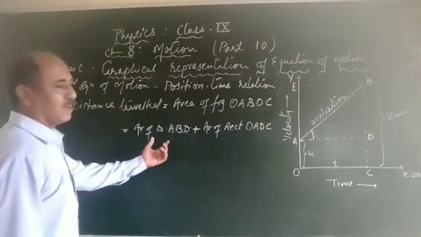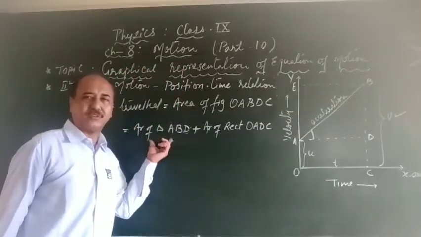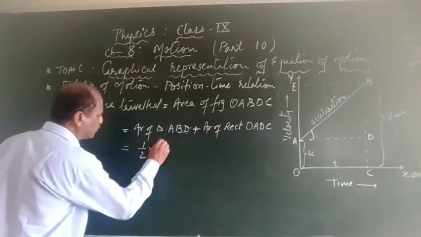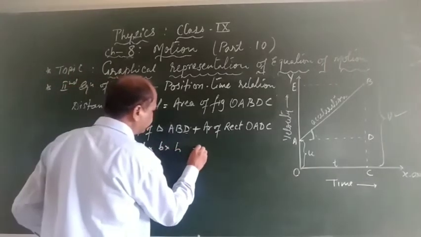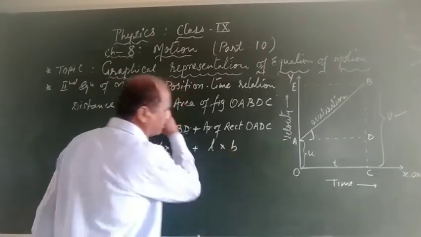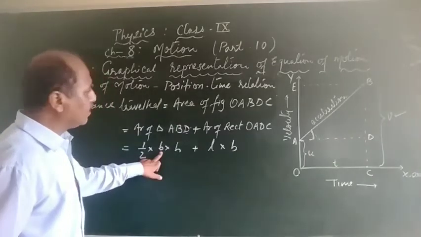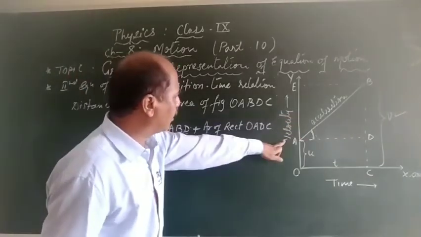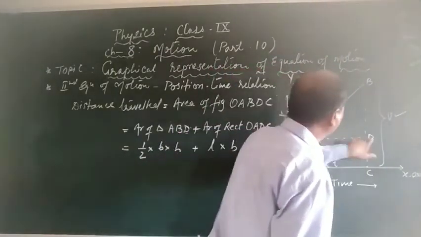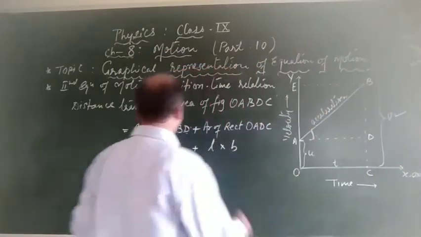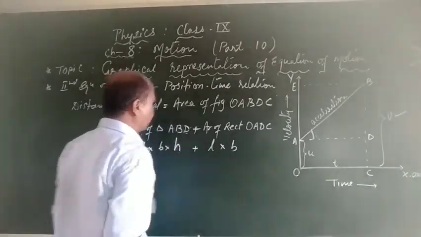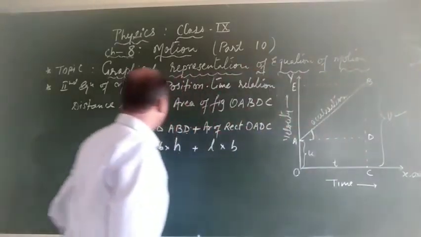I think you may know the formula for the area of a triangle: half into base into height. And the area of a rectangle is length into breadth. Now the triangle is ABD. The base of the triangle is AD and the height is BD, which is perpendicular.